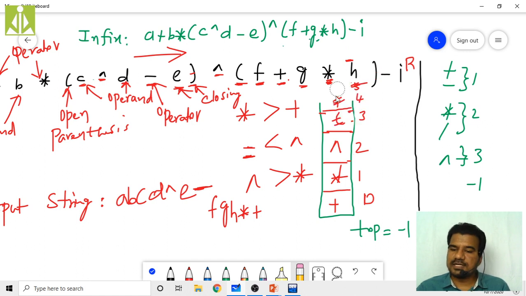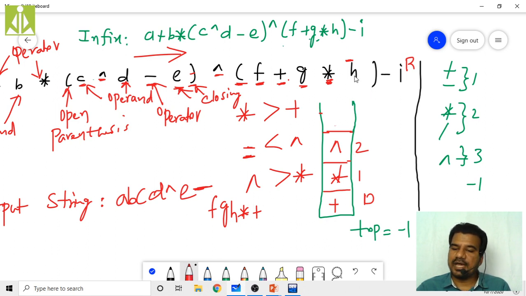This plus as well as this asterisk both will get discarded, and this closing bracket will also get discarded. My top value is 2, and I have this cap at the top of the stack, and my output string is something like this. Till this point we have considered.